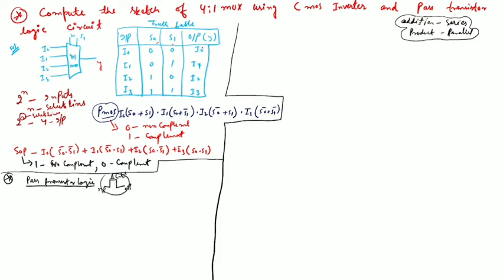And for the output Y, when the select lines S0 and S1 are both 0, the output takes the value of I0. When the select lines are 0, 1, the output is the value of I1, which may be 0 or 1.